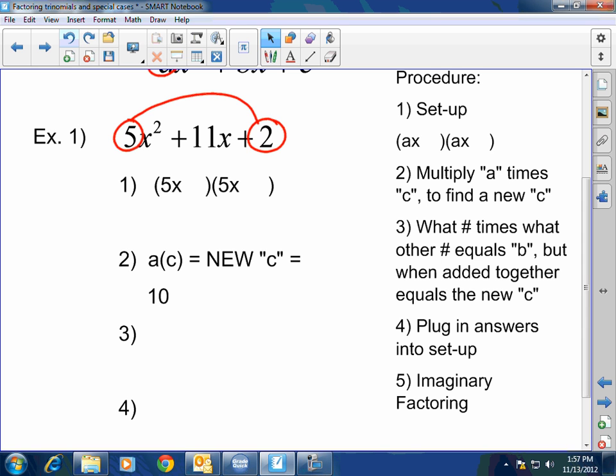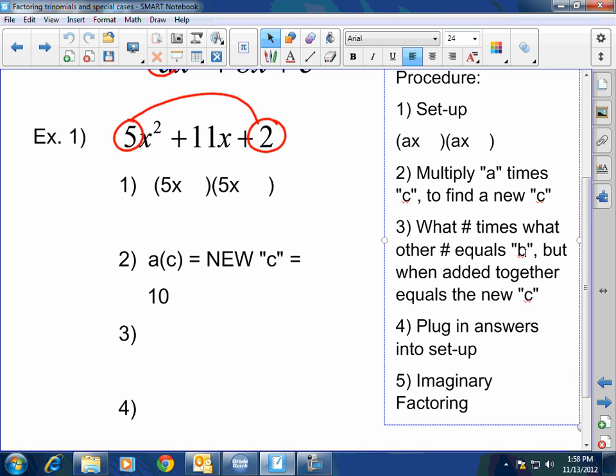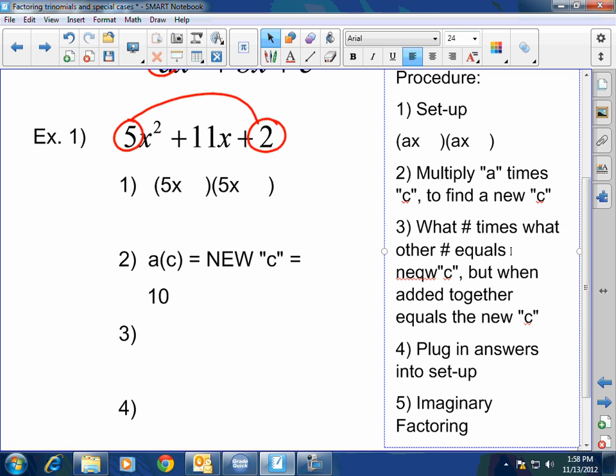So step 2, a times c gives you your new c, and your new c is 10 in this case. Now that you have your new c, it's identical to the first trinomial procedure. What number times what other number equals the new c, but when added together equals b.